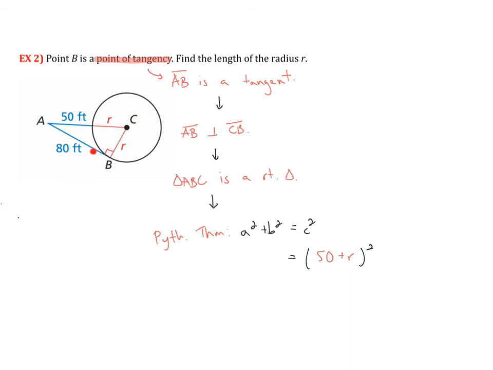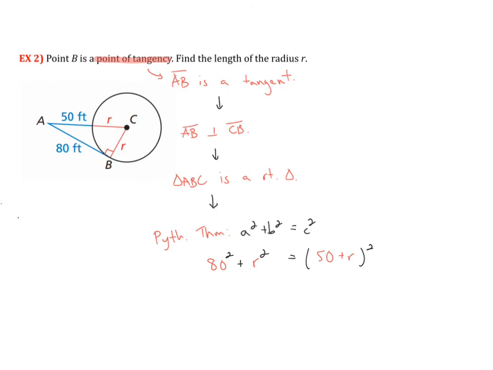I'm just going to go ahead and call 80 feet A. So on the left side of the equation, we get 80 squared plus b squared, but b is the other leg of the right triangle, and that is actually r. It's the radius of the circle. So I am actually going to replace b with r.